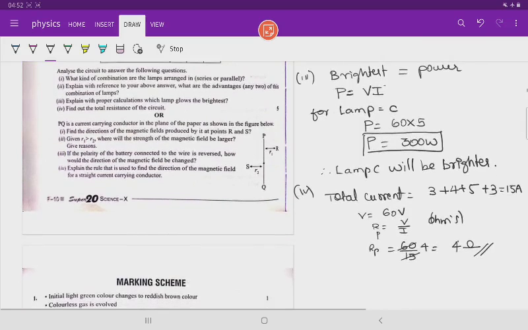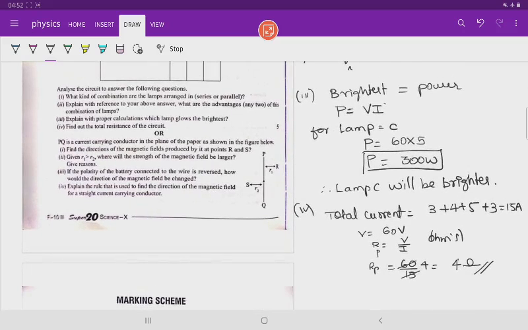There is one more question here. PQ is a current carrying conductor in the plane of the paper as shown in the figure below. Find the direction of the magnetic field produced by it at regions R and S. We know that when current is upwards, by the right hand thumb rule, the thumb points towards the direction of current, and the fingers encircling give the direction of the field.